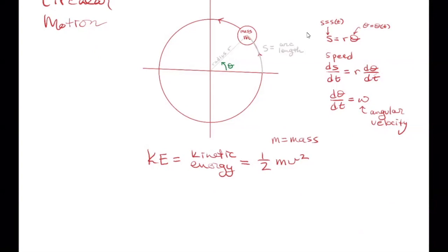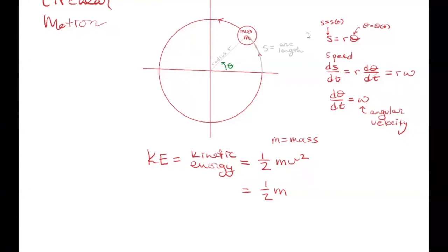When we talk about this in terms of circular motion, we could say this is 1/2 m, and then the velocity is equal to r times d theta over dt, which is also known as r omega, where omega is the angular velocity.